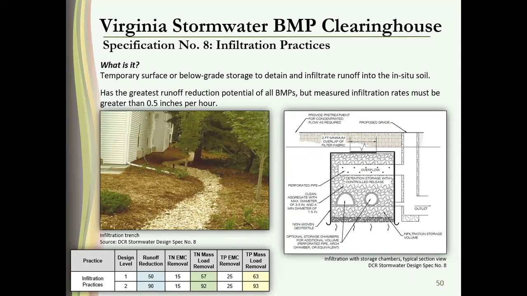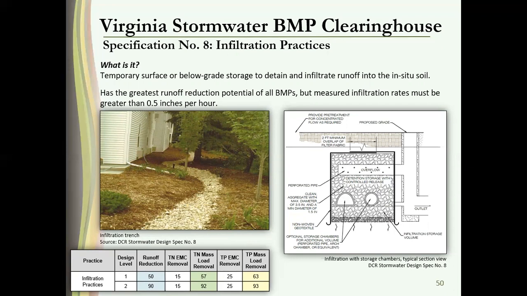This is actually the highest rated treatment option. It is tricky though. And part of the reason it's tricky is because you have to be able to prove that your in situ soils, the soils that are there already, have an infiltration rate of at least ½ inch per hour.